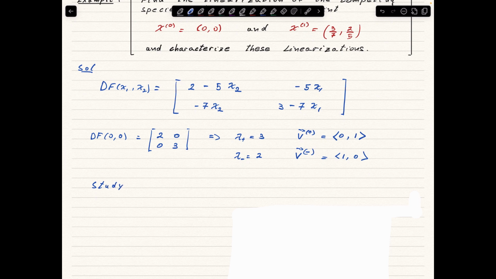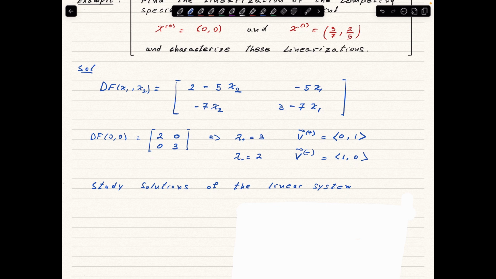So now what we need to do is study the solutions of the linear system, and here is the linear system: u prime equal to the matrix 2, 0, 0, 3 acting on u.